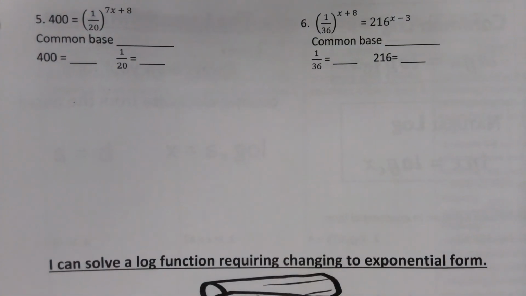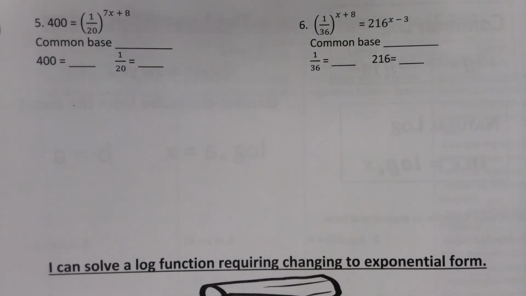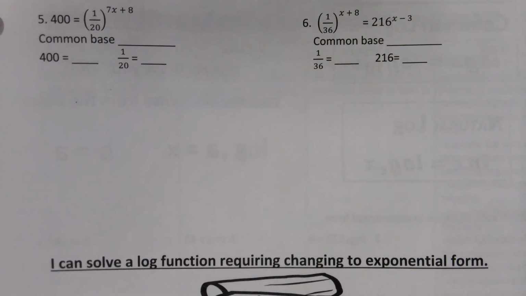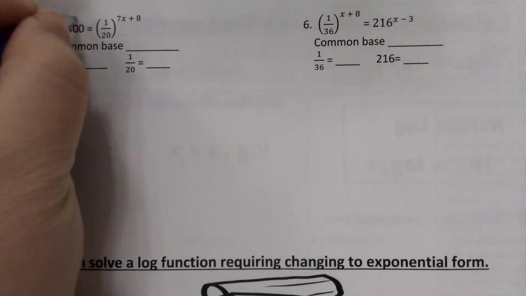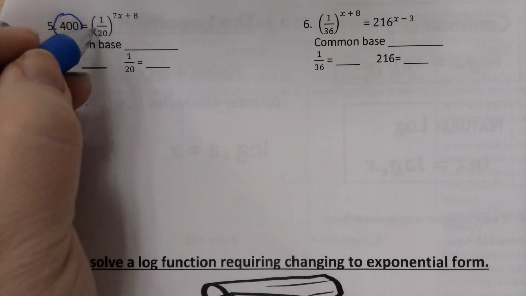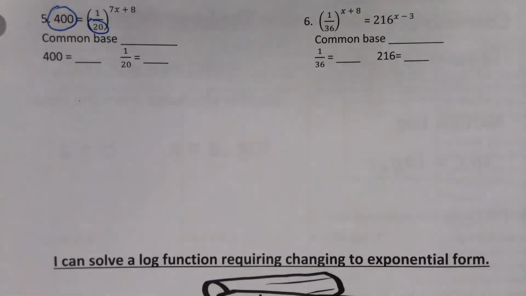Let's take a look at our last two problems. Again, our focus when we see a fraction is going to be on finding a common base for any integer and the denominator. And 20 squared gives me 400, and 20 to the first power gives me the 20.